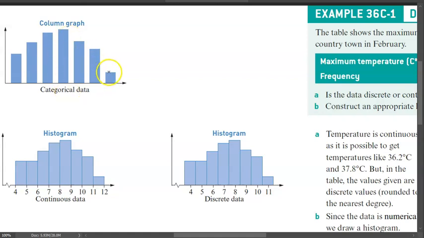But specifically, when we look at categorical data, so data that can be put into categories, we put these within what's called a column graph.